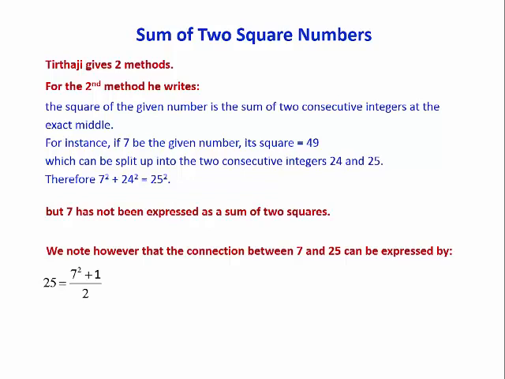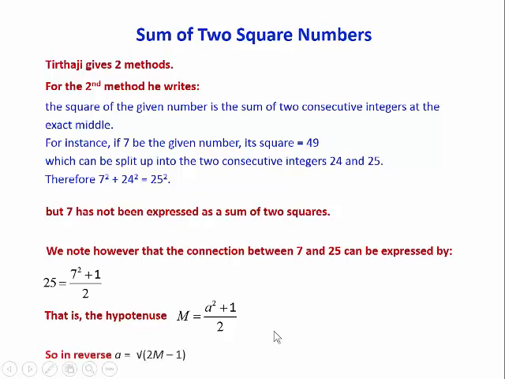And we can express it as an equation. If m is the hypotenuse, then it's equal to a squared plus 1 over 2. A, remember, is the first number, the 7 in this case. So that's a way of getting the hypotenuse from the first number, and we can reverse it to get a from this formula. And a is the square root of 2m minus 1.